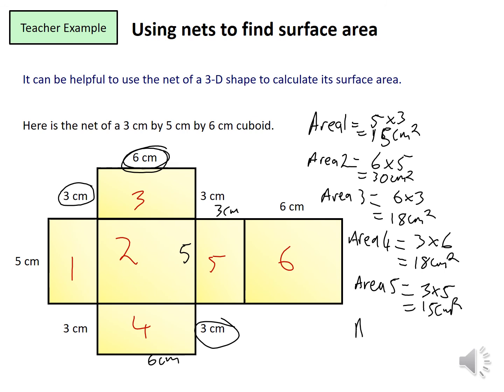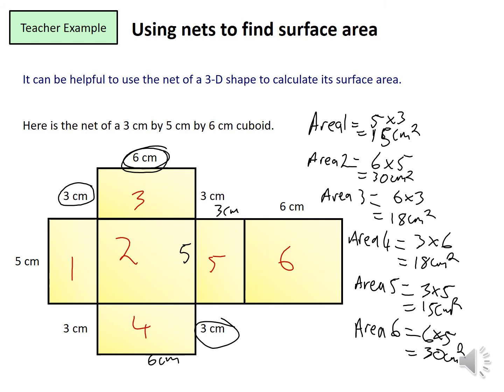And area 6 equals 6 times 5, which is equal to 30 centimeters squared. One thing you'll see is that all of these sides, there will be a pair that is common.